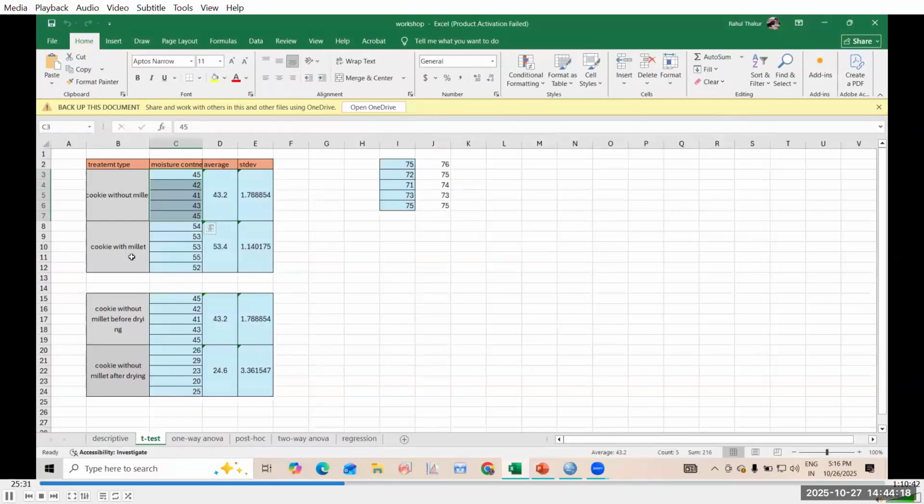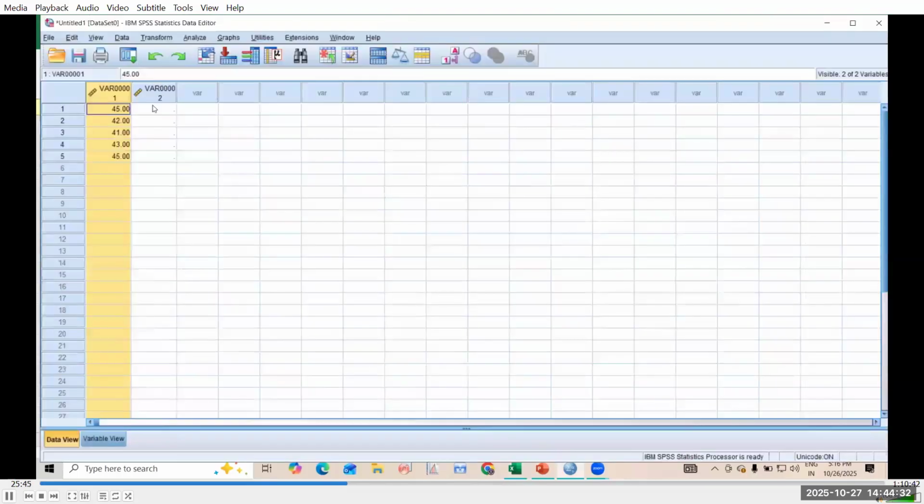We have to see whether they are significantly different in their moisture content or not. So we'll just copy the values of moisture content and put them into the variable box.